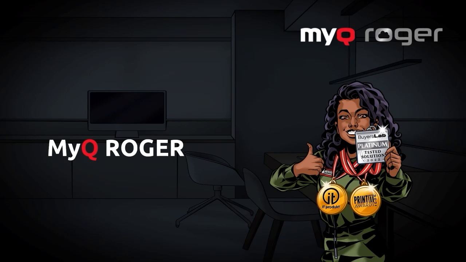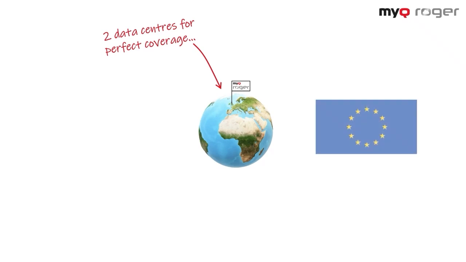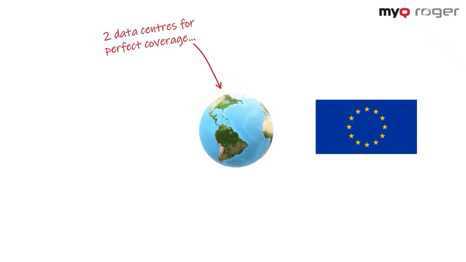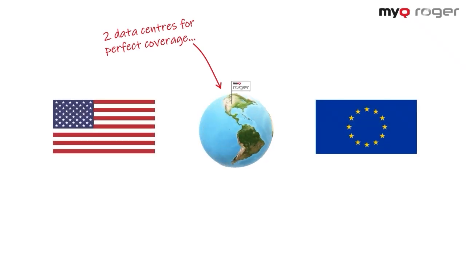Before we get there, that's the first feature that's been added as part of the last year. Now, as you know, we just celebrated a second birthday last year, and one of the gifts we have given to you and to us as well is that we opened a new data center in America. So now for perfect coverage, we have two data centers, one in Europe, one in the US.